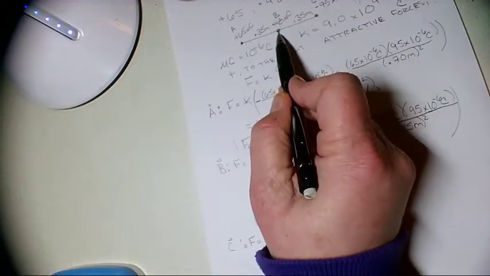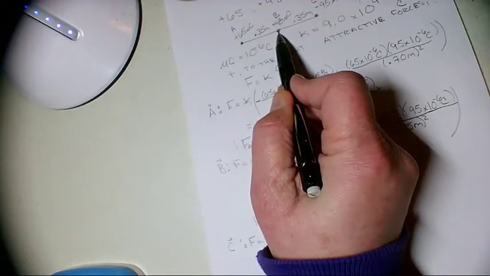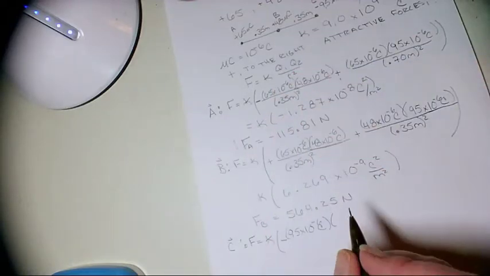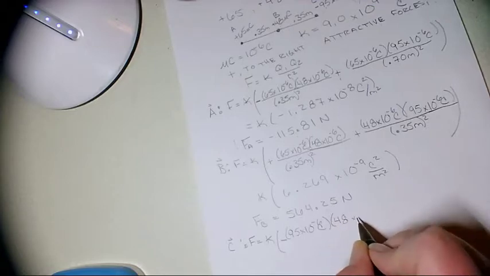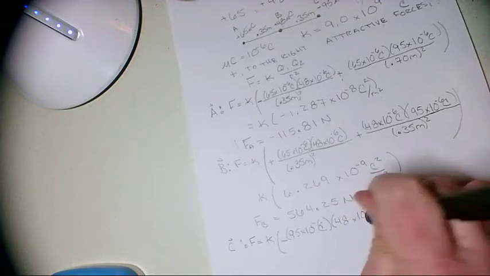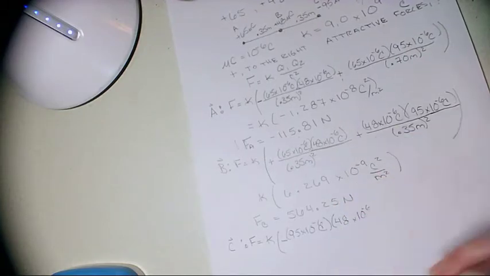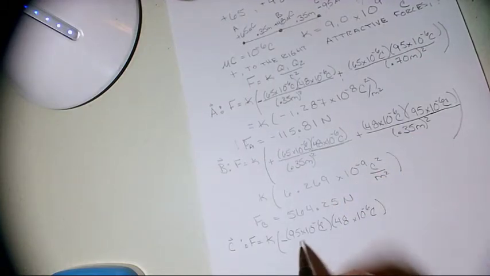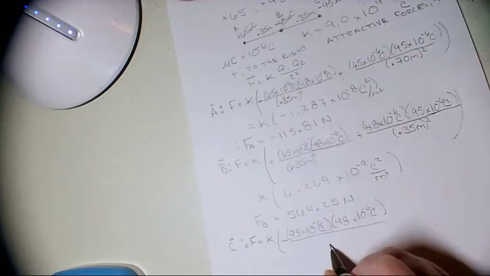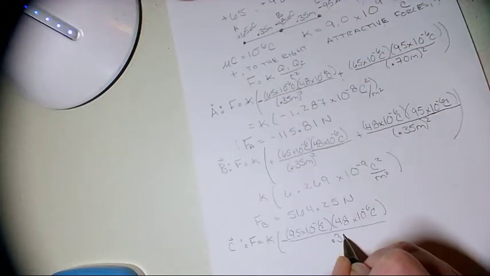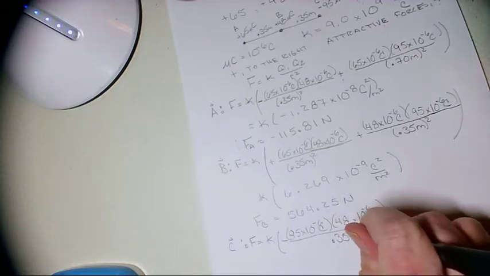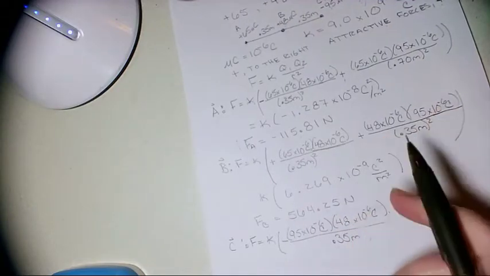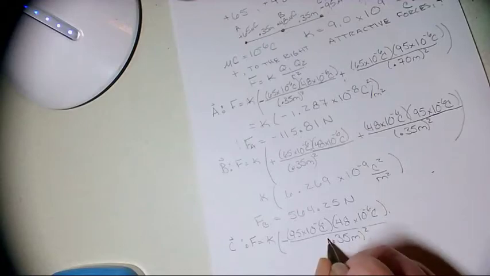Times, let's start with this first point, our first charge, the 48 times 10 to the negative 6 coulombs, coulombs, not microcoulombs, and divided by this 0.35 meters squared.